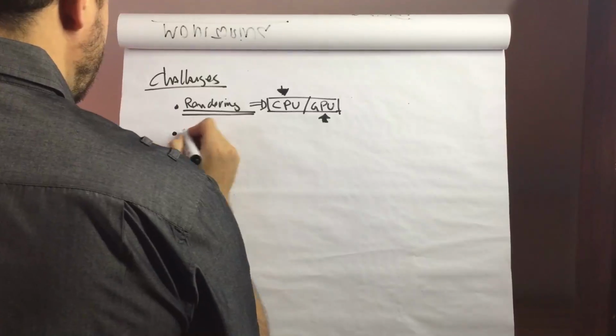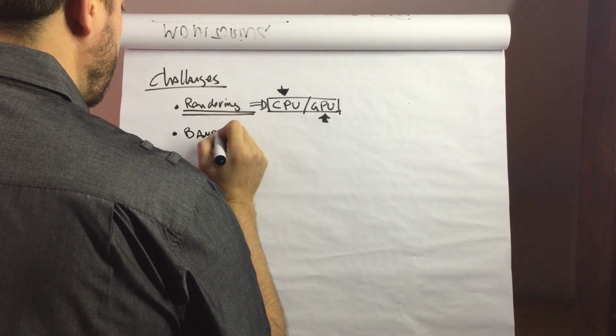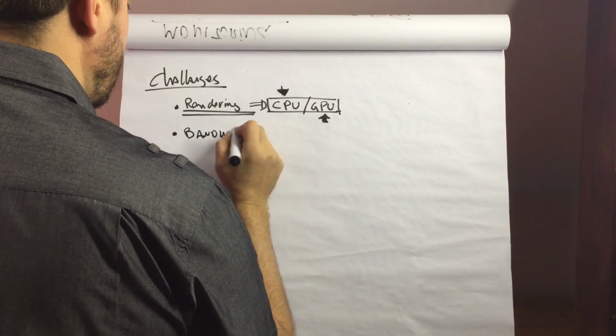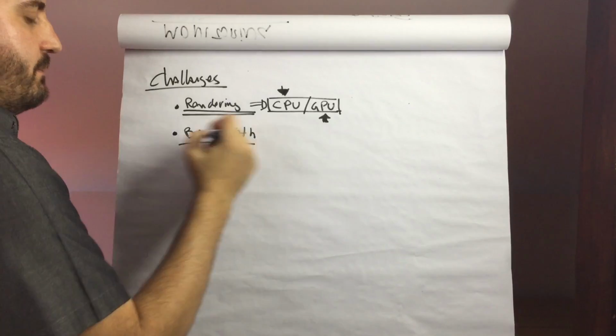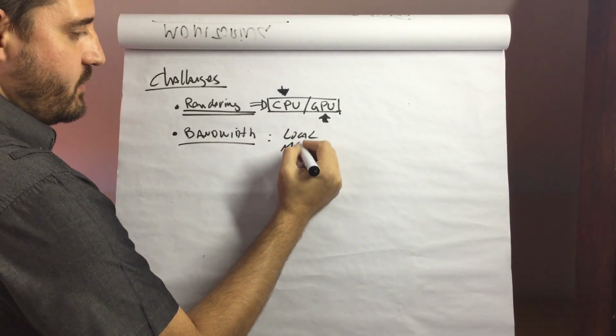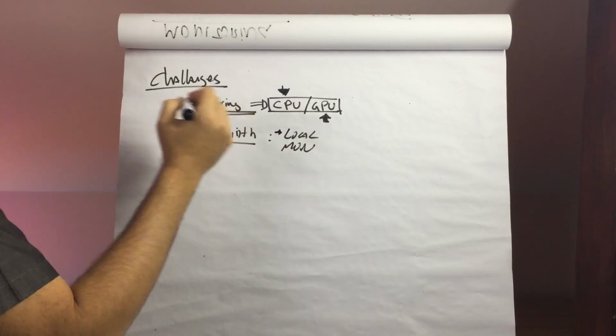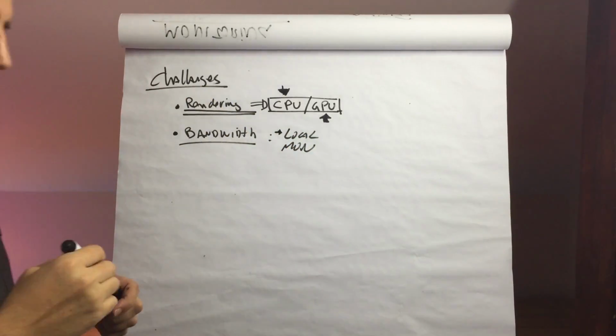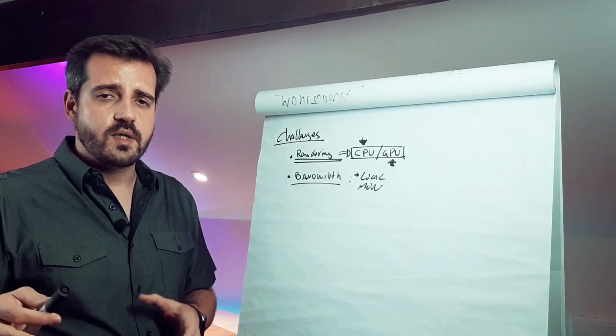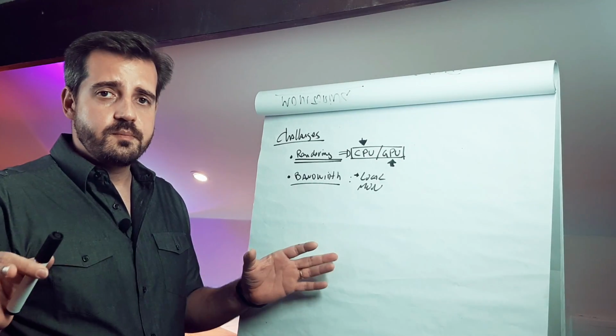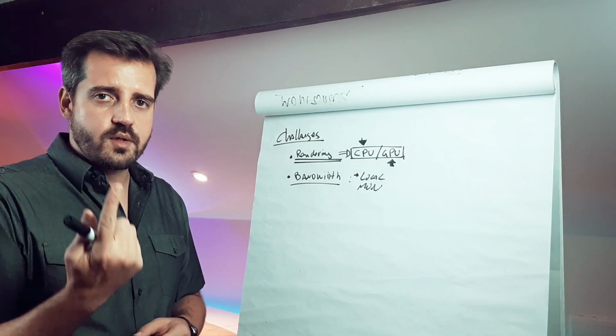And bandwidth. Bandwidth locally and in the monitoring room as well. When I say local, imagine a customer that has several different locations in the country and they are monitoring in just one location.